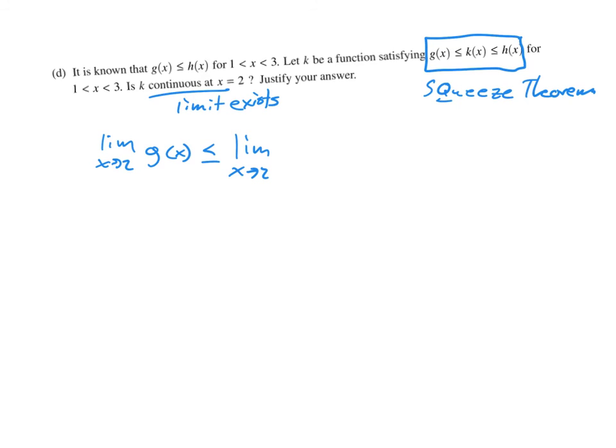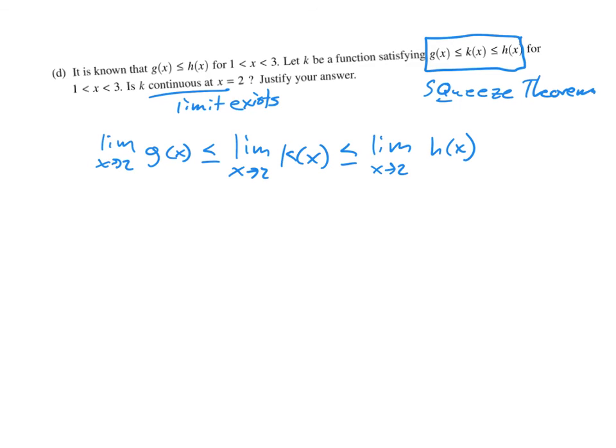So if we could find out whether the limit exists, then we can determine whether or not it's continuous. So I'm just going to take the limit of everything as it approaches 2. The last one is h of x.